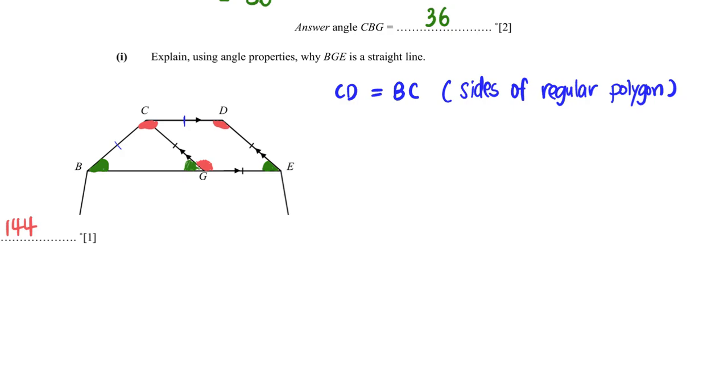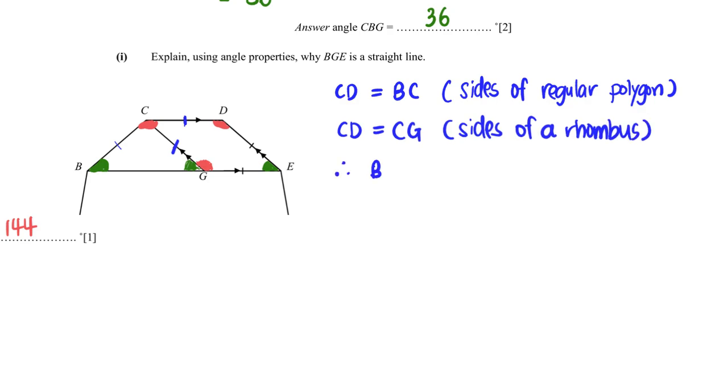And also take note, so CD also equals to CG, sides of a rhombus. So therefore BC is equals to CG.